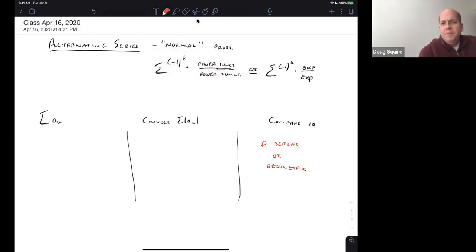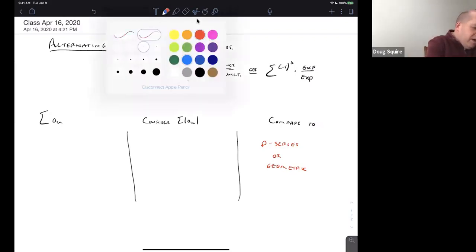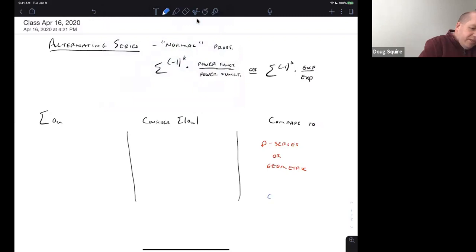Does that make sense to everybody? Then you're going to conclude whether that diverges or converges. If this converges, then the one in the middle automatically converges. And the proof is going to be either the direct or limit comparison test.